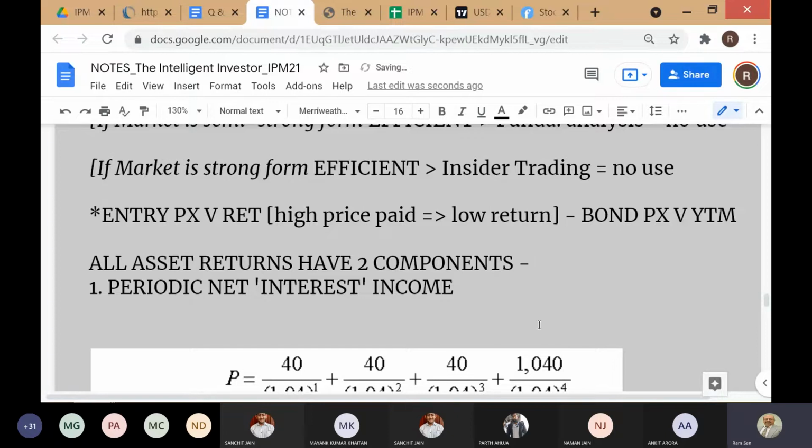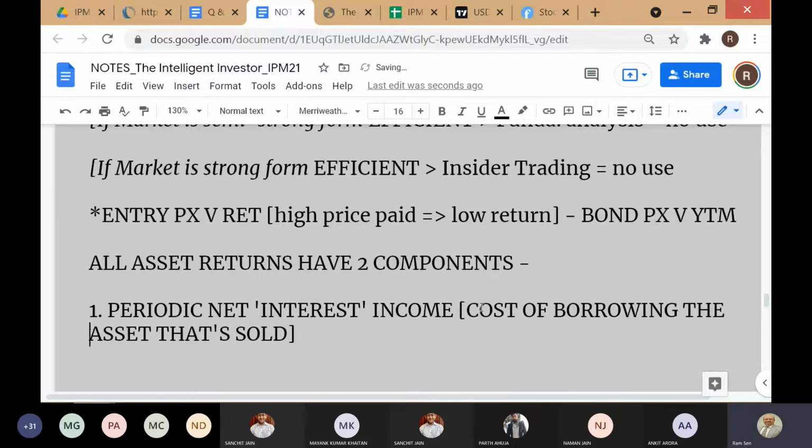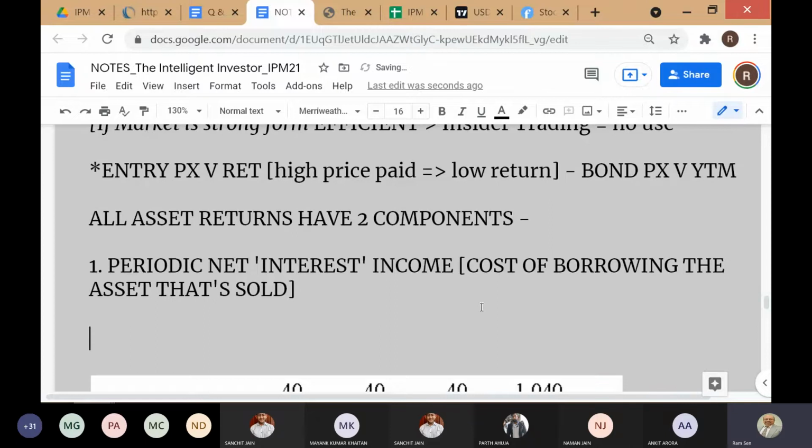Periodic net interest income, which is equal to the cost of borrowing the asset that's sold. These are very fundamental concepts. If you can keep these in your mind, you can analyze lots of complicated situations. Every asset return situation will have these elements. Come to that: cost of borrowing the asset that's sold.